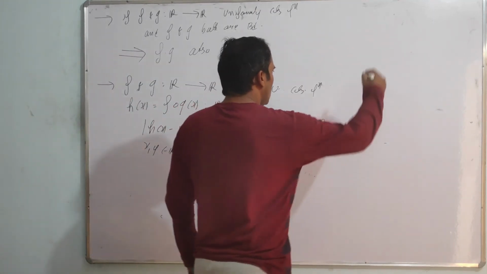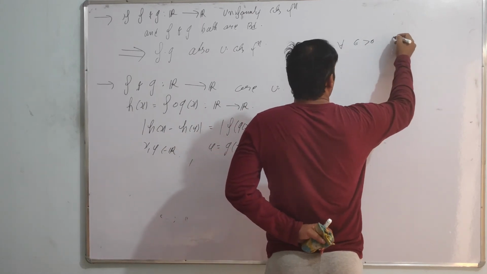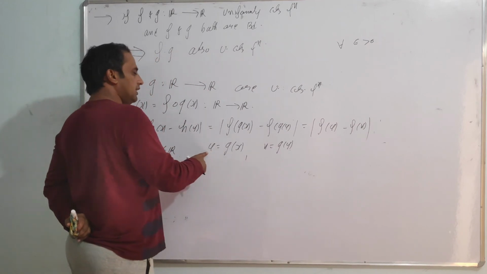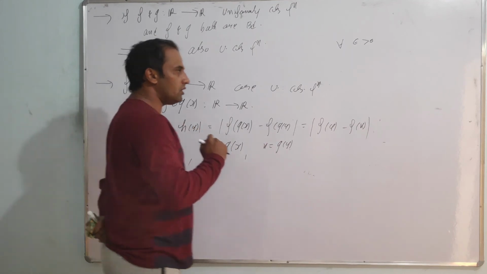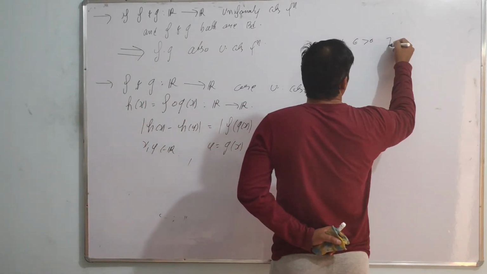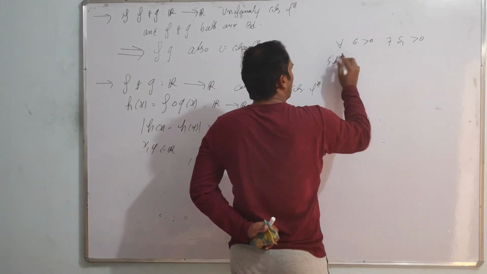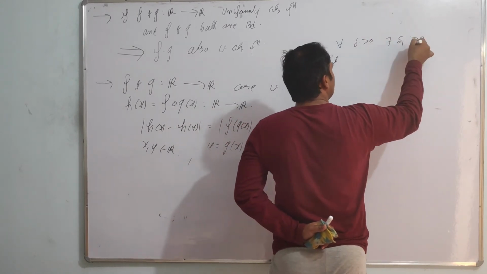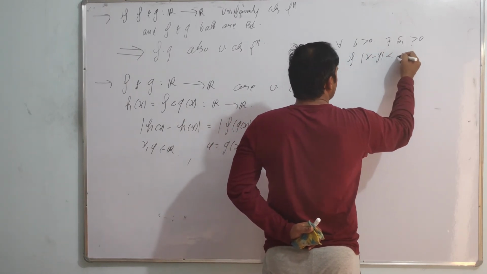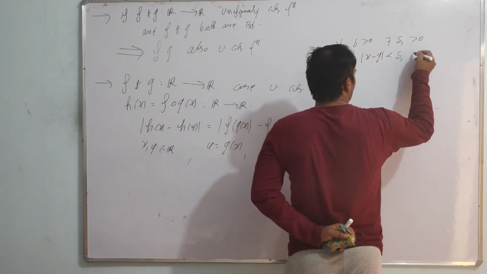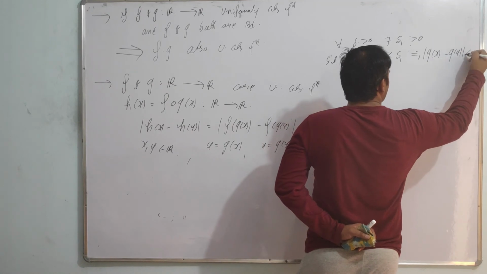So now, for any epsilon greater than 0, since the g function is uniformly continuous, for any delta greater than 0, there is a delta 1 greater than 0 such that if |x - y| is less than delta 1, it implies |g(x) - g(y)| is less than this delta.